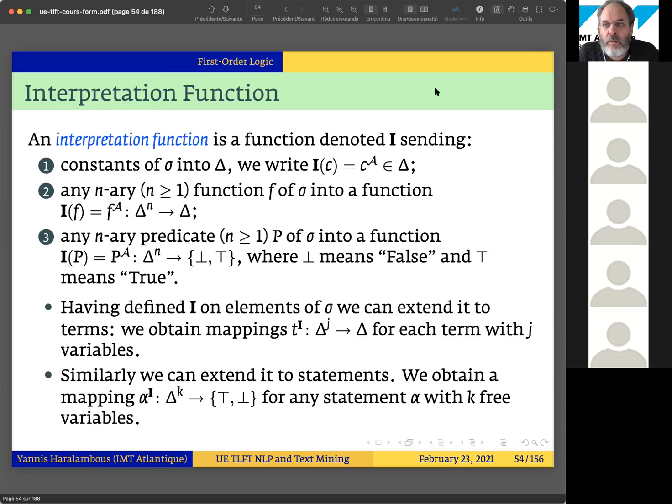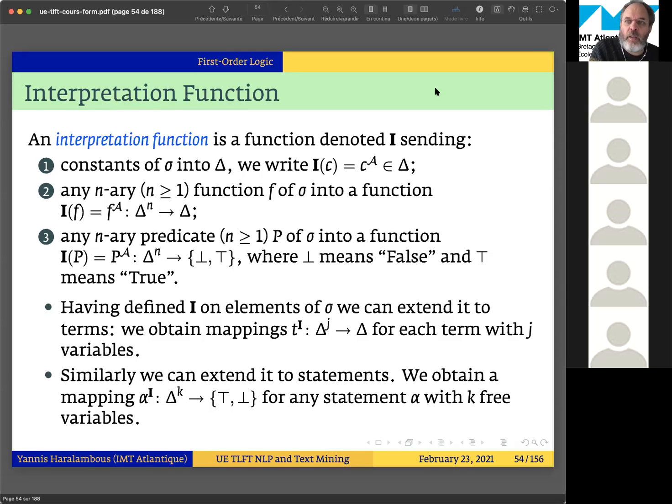Every function of your formula is sent to a function from the domain into the domain. So if I have the function father, in the formula, I call it a function because it only appears as an argument of a predicate and so on. When I interpret it, I send it to a function from the domain to the domain. So if the father of Pierre is Michel, then it sends Pierre to Michel.